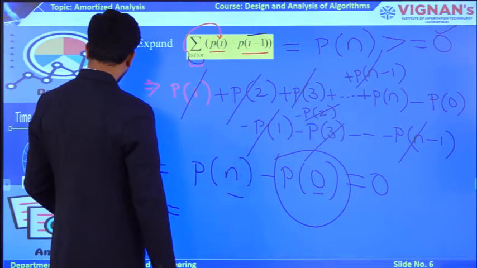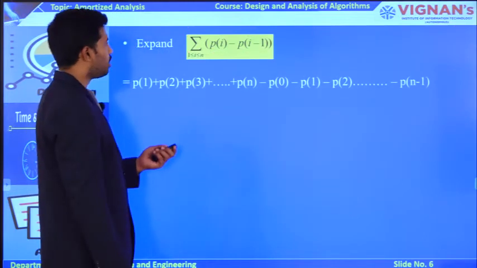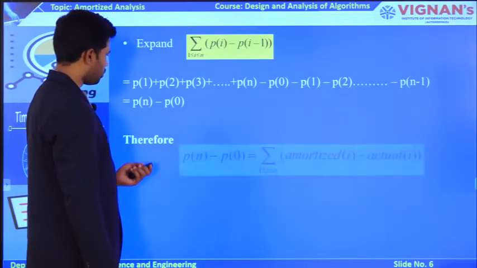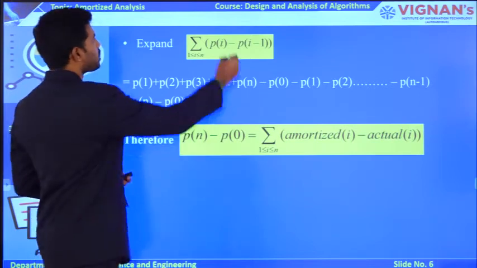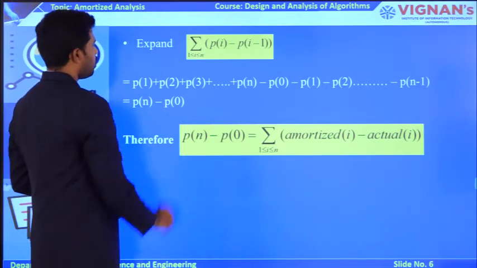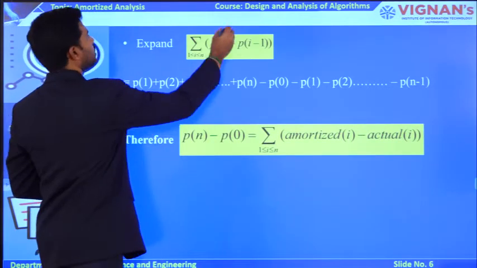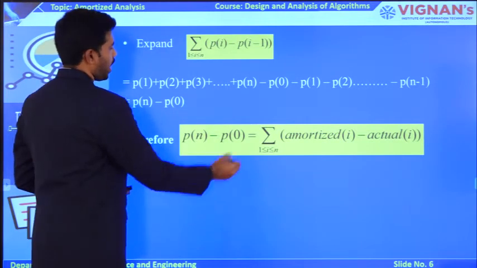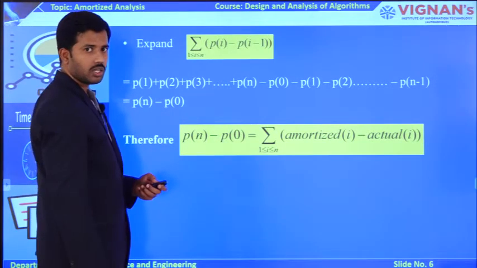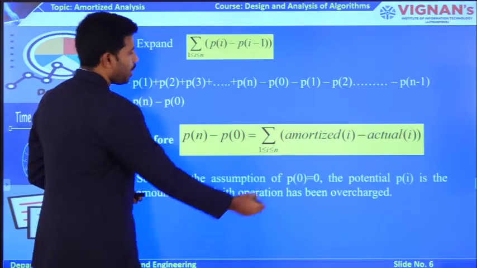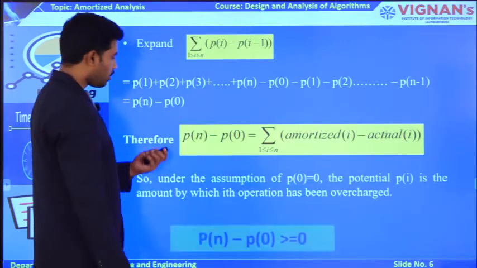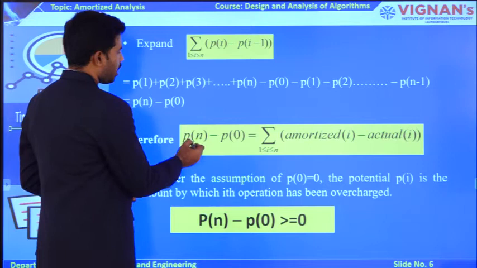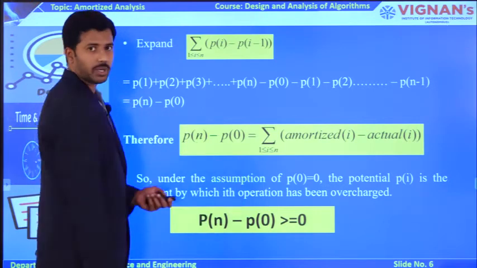So if you expand, ultimately you are going to get values like this. Therefore I am going to substitute this P of n minus P of 0 in the LHS part. As I said previously, I am assuming P of 0 equal to 0, so that my equation becomes P of n minus P of 0 must be greater than or equal to 0.